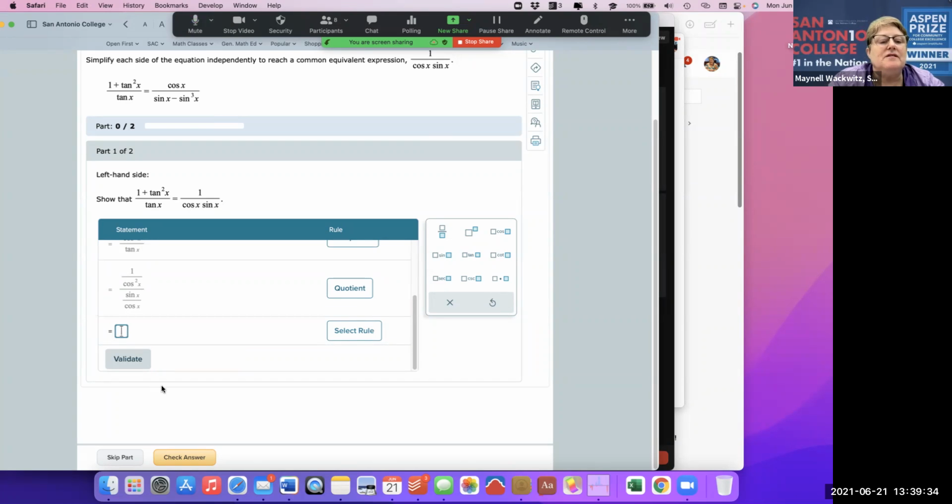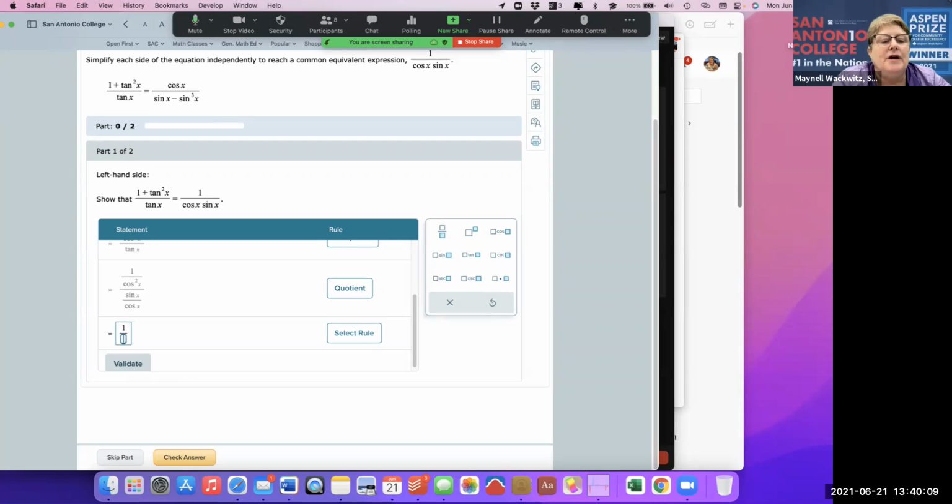Now, what is the denominator in the numerator part? Cosine squared x. Good. And the denominator in the denominator part? Cosine x. So what can we multiply numerator and denominator by to get rid of those? Cosine squared x. Excellent. If you multiply 1 over cosine squared x by cosine squared x, what do you have? Good.